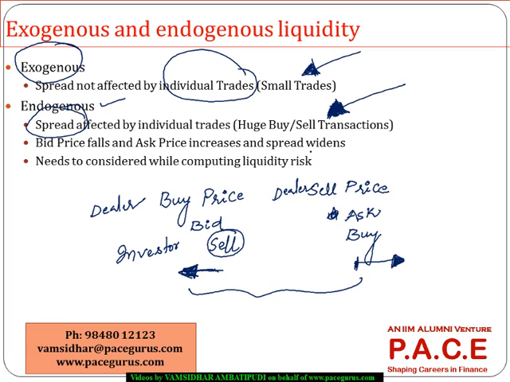This kind of endogenous spread also needs to be considered as a part of building the financial model for assessing liquidity risk, because liquidity risk has an exogenous factor as well as endogenous factors, so they need to be considered while computing the liquidity adjusted VAR or any other liquidity related risk measure.